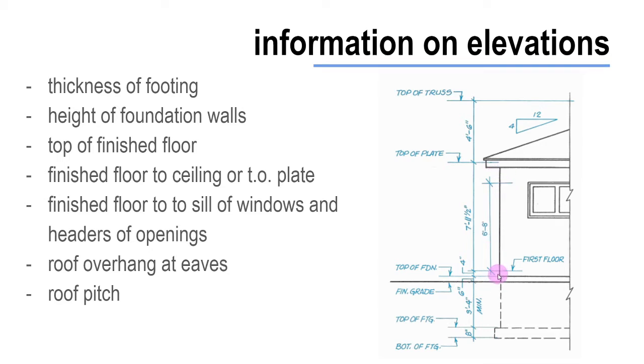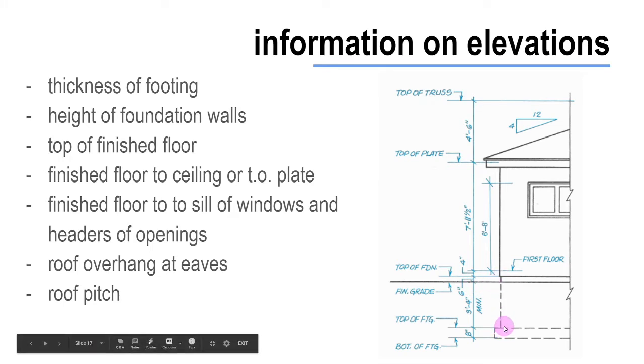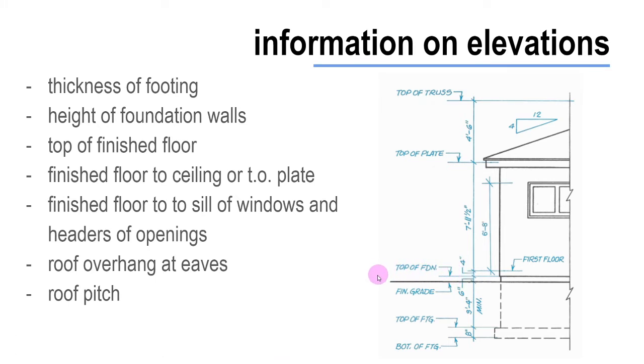Any information below it we will typically put as negative. So finished grade here would be -6 inches, and then this would be -4 feet, because it would be 3'-4" plus 6, and so on. Rather than try to use height above sea level to describe the different elevations here, we usually just use our floor as our sea level, or as our 0, and work our way from there.